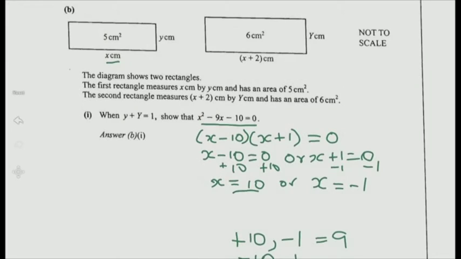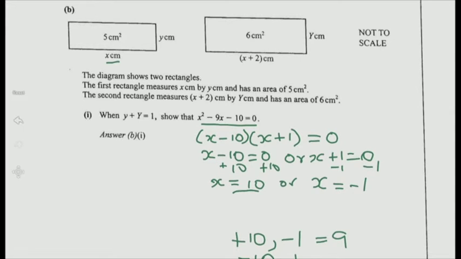Because this is a real problem, you expect that the length of a rectangle should always be positive. So in this case, we can use our 10 for the x there.